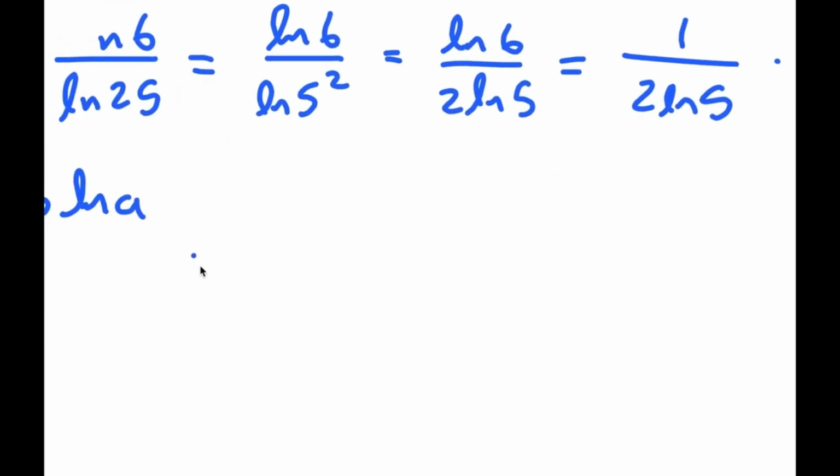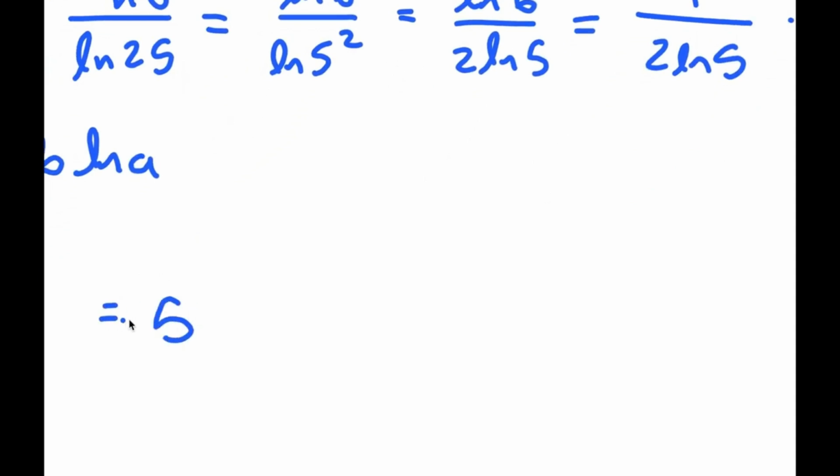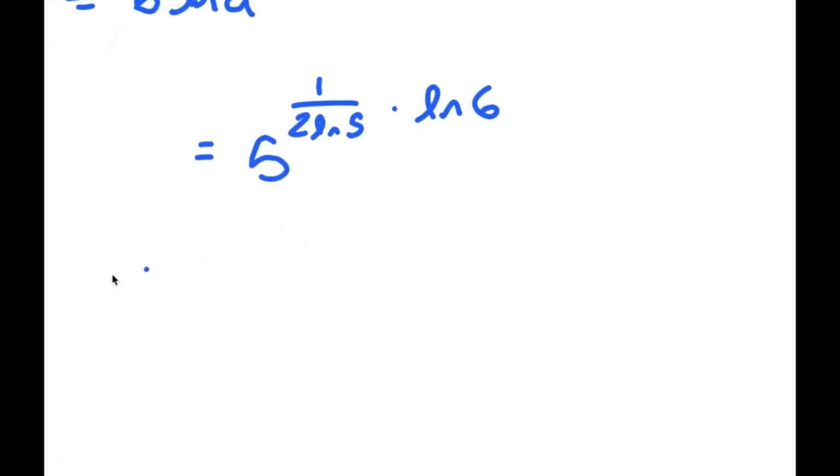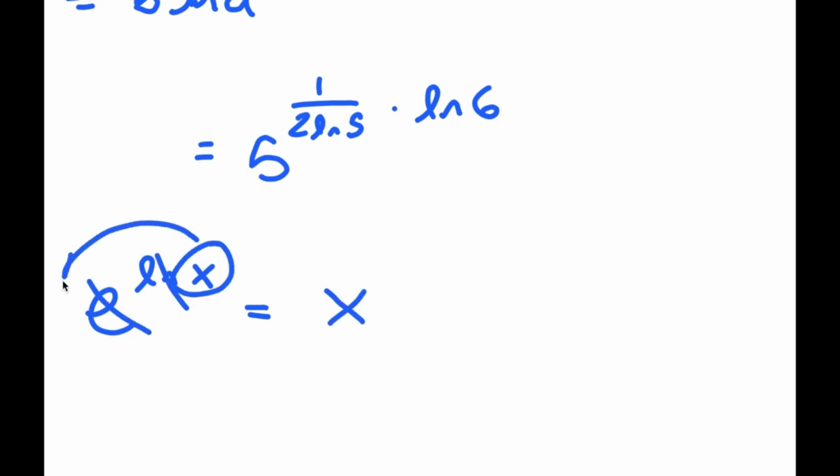So now going back, I have 5 to the power of 1 over 2 times ln 5 times ln 6. Now, if I have something in the form e to the power of ln of x, this is just equal to x because the e and the ln cancel out.